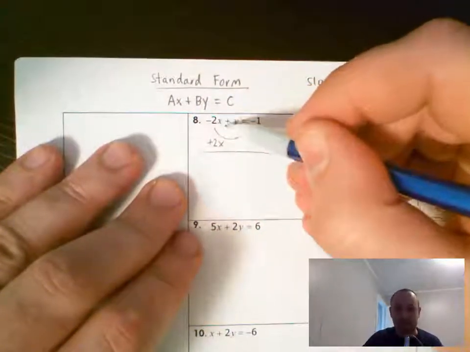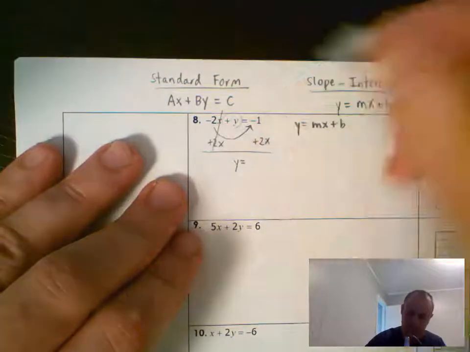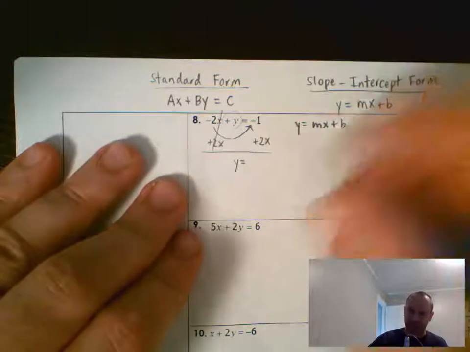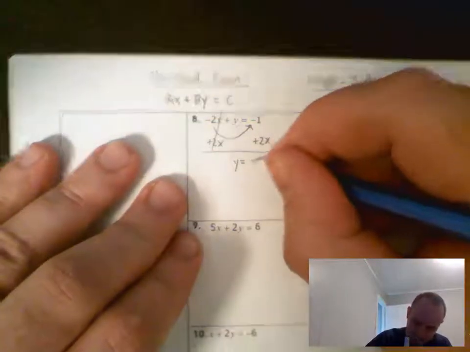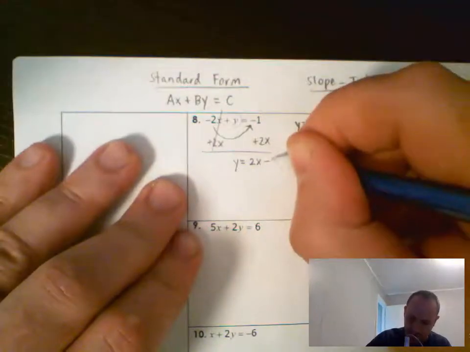This -2x and +2x will cross off. So we'll have y equals, and then the +2x can't do anything with the -1, so it's just going to be 2x, and then we're going to copy down this -1.